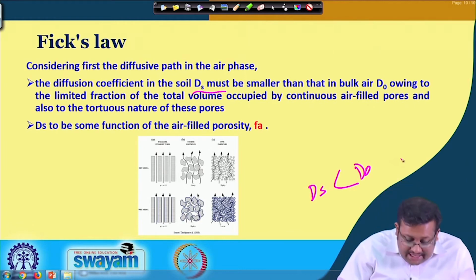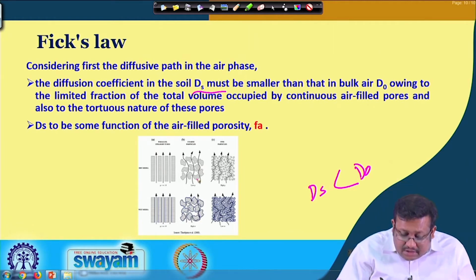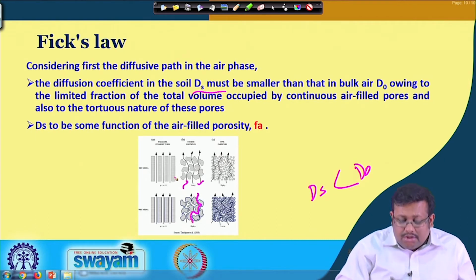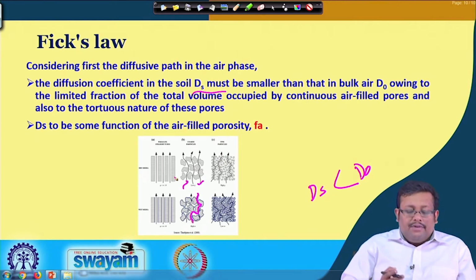As you can see here, these are coarse particles in soil. So, the path of diffusion is not very simple, not very straight. This is called the tortuous nature of diffusion, the tortuous pathway of diffusion.